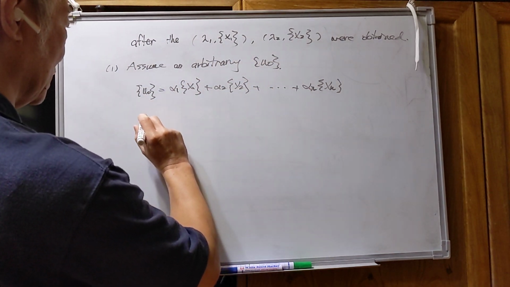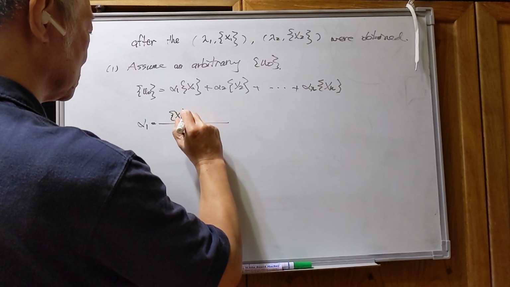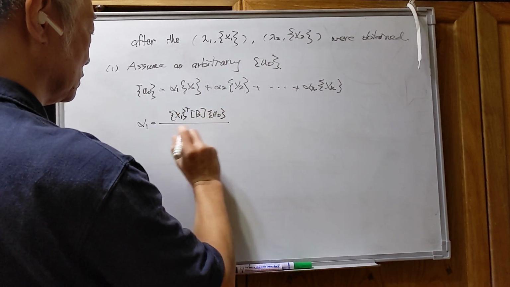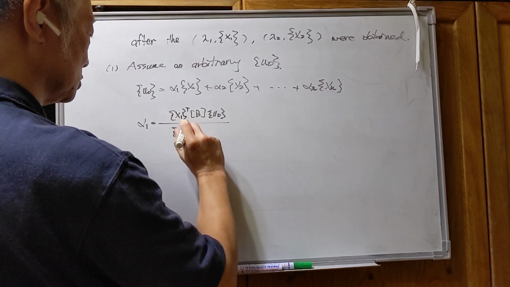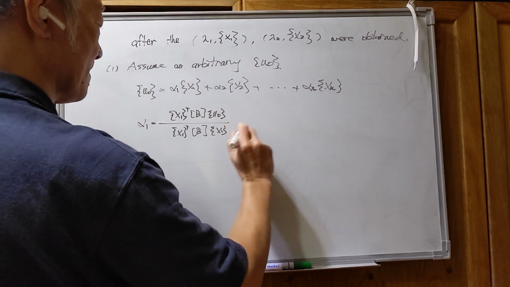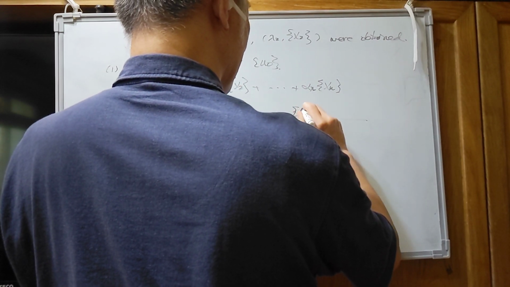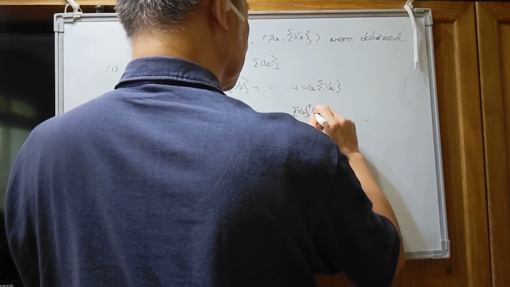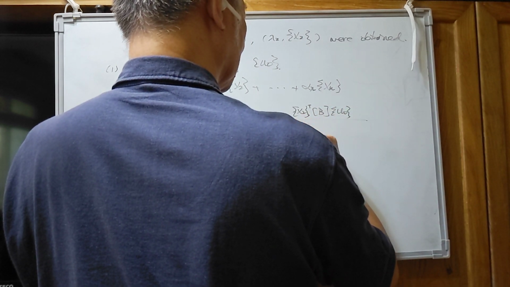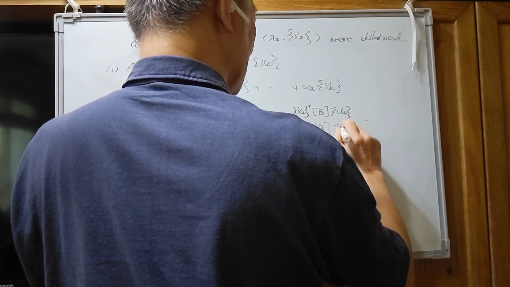can compute alpha 1 equal to x1 transpose B u0 divided by x1 transpose B x1, and alpha 2 will be x2 transpose B u0 divided by x2 transpose B x2.